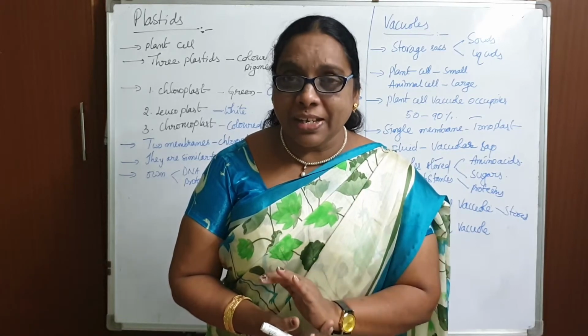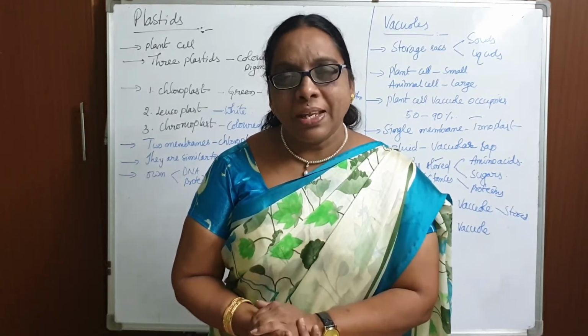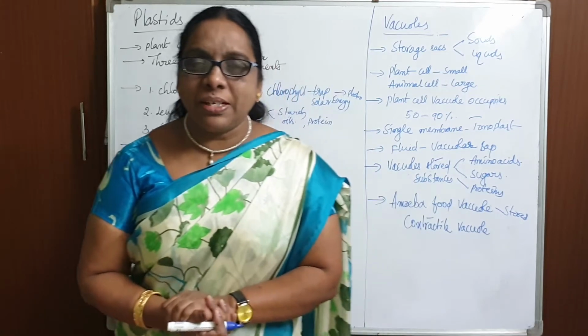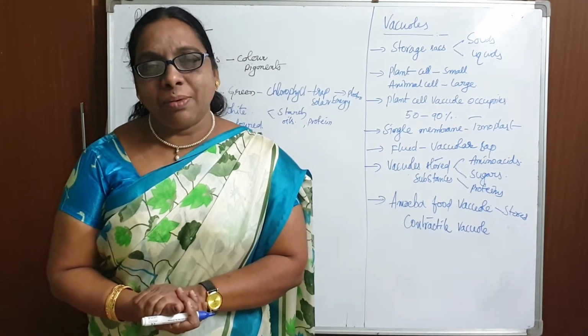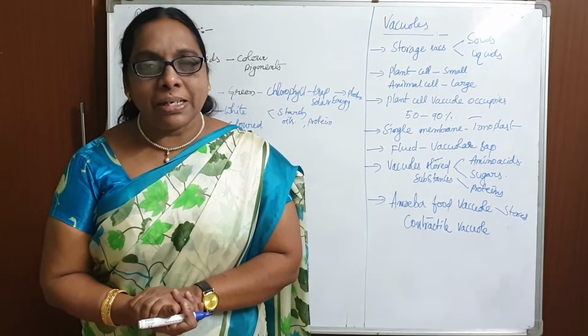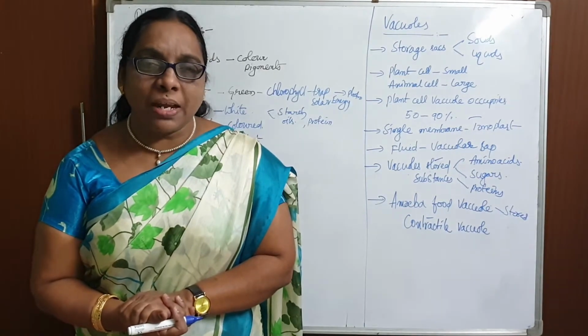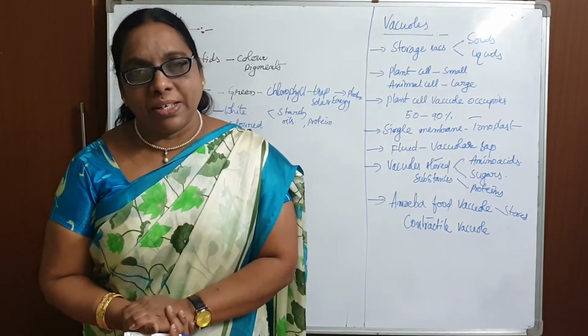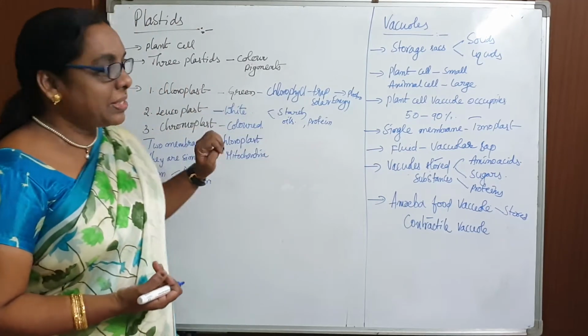The enemy thinks it's a leaf and goes away. Like that, a few animals exhibit this changing of body color, mimicry, but in plants, plastids play a role in different ways. What are they? Let us study now.